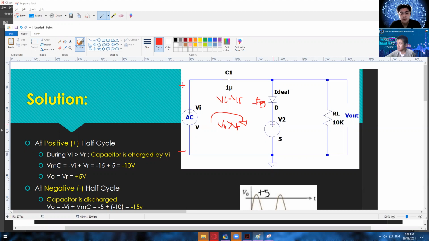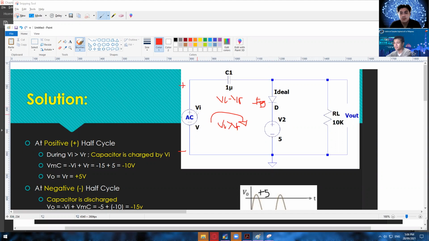Even though initially it is higher, it will still become reverse biased because the positive is connected to the negative and the negative is connected to the positive. So the capacitance value right here will be VI minus this value right here, this VR.